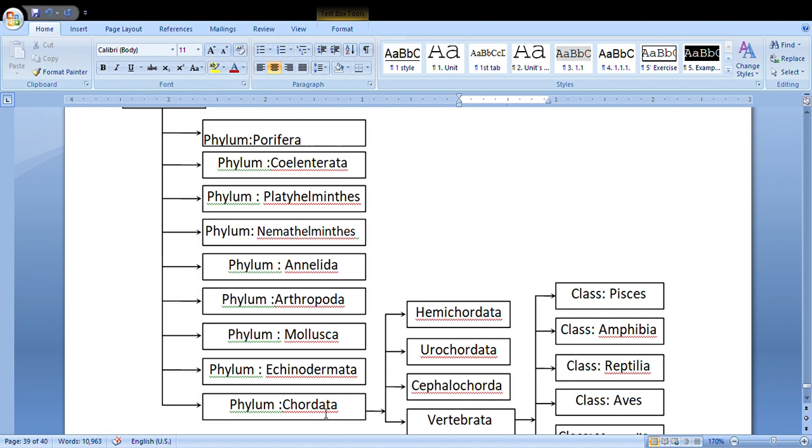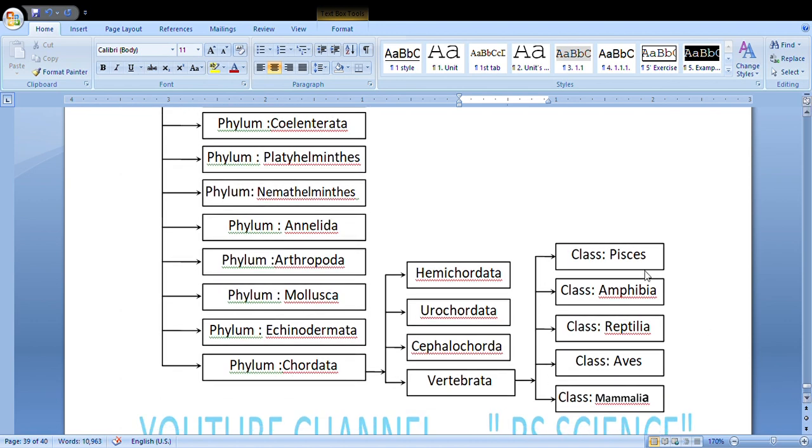This is the most developed phylum. Under phylum Chordata there are 4 subphyla: Hemichordata, Urochordata, Cephalochordata and Vertebrata. Under Vertebrata there are 5 classes: Pisces, Amphibia, Reptilia, Aves and Mammalia.